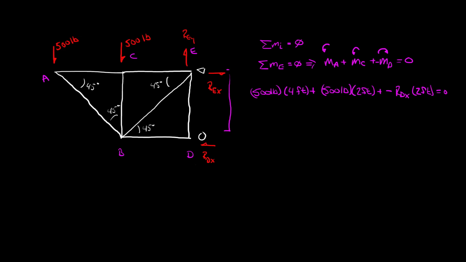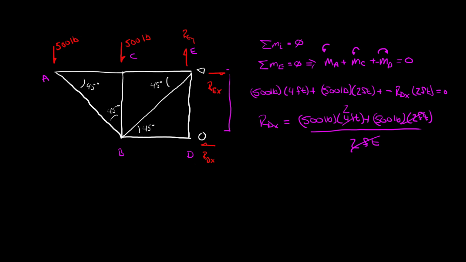So if I isolate this, what I end up with is that R dx is going to equal this sum, 500 pounds times 4 feet, or 2,000 pound-feet, plus 500 pounds times 2 feet, or 1,000 pound-feet, divided by 2 feet. Makes my math pretty easy here.